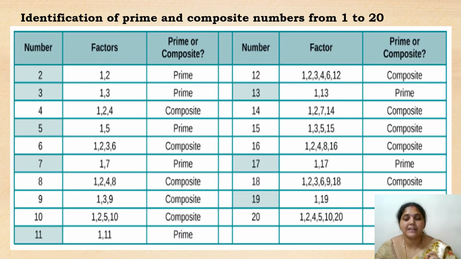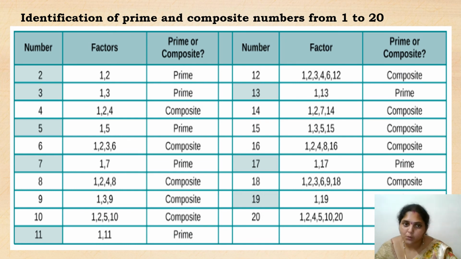Now we will identify the prime numbers from 1 to 20. Here I have taken some numbers: 2, 3, 4, 5, 6, 7, 8, 9, 10 and 11. Till 11 I have taken. We will see whether these numbers are prime numbers or composite numbers. 2 is divisible by only 1 and 2.